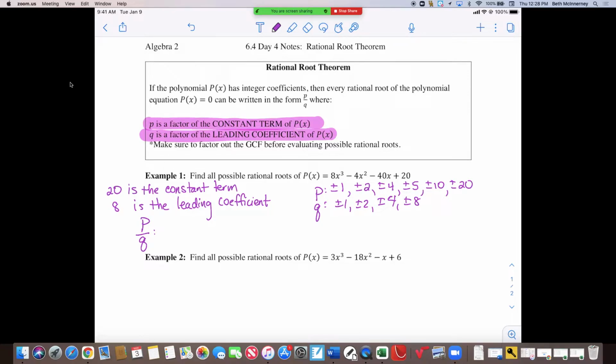So first of all, if I took all the P factors and put them over 1, what would result? The same numbers, right? If I divide them by 1, or even negative 1, it's going to produce the P row, correct? So we're going to write those down first, and that'll always be your first list.